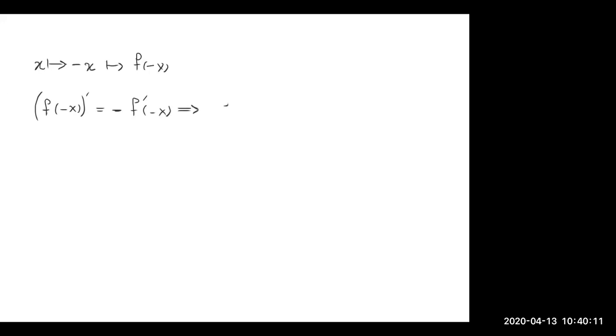So maybe one thing I can do is change a variable. Rather than x, I can take x to be minus a. I would have f of a prime would be minus f prime of a. No, it doesn't work very well, I guess.